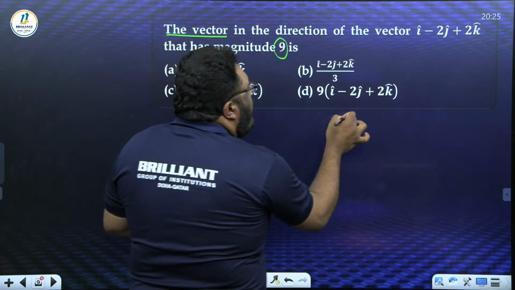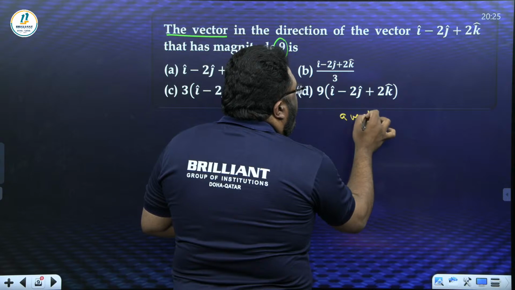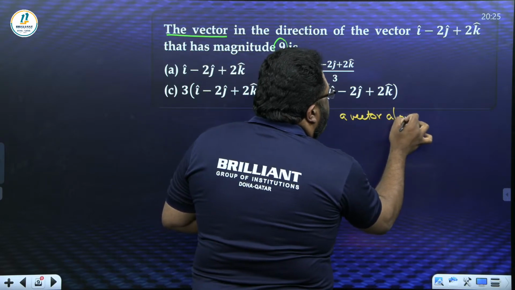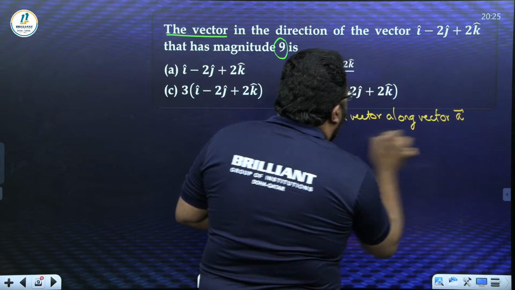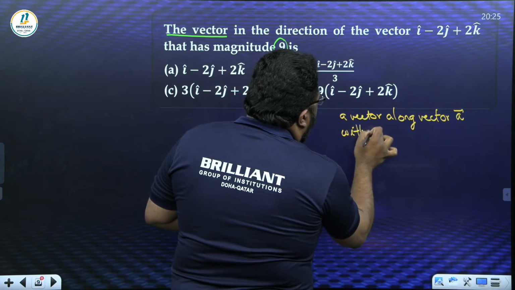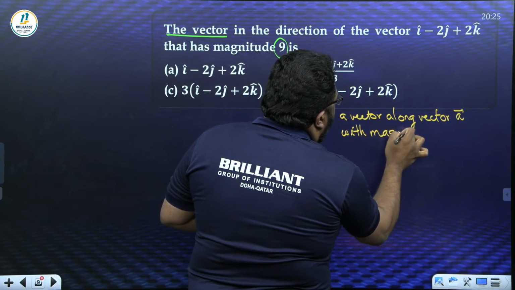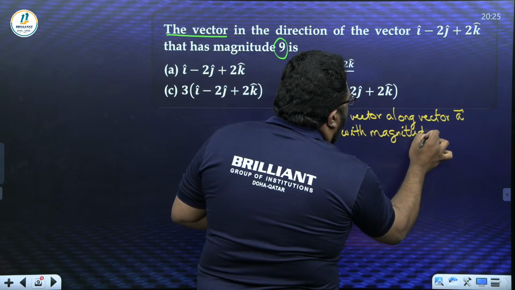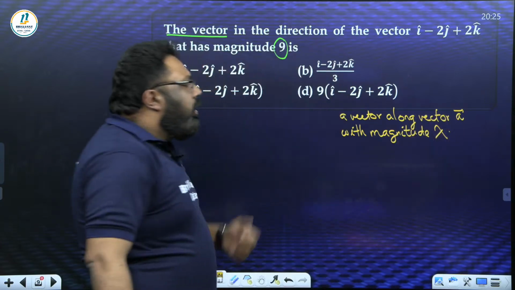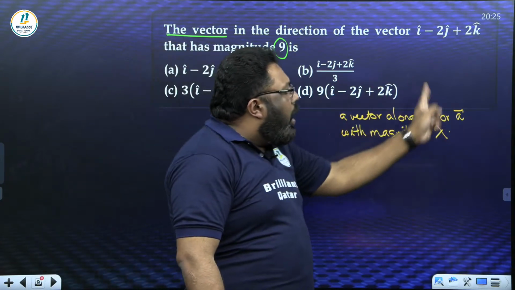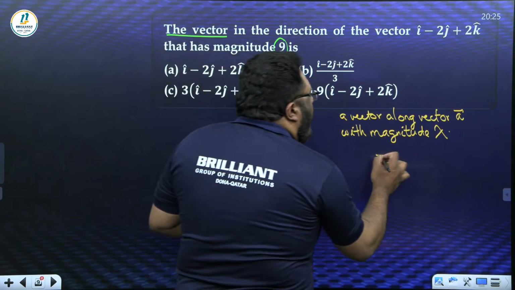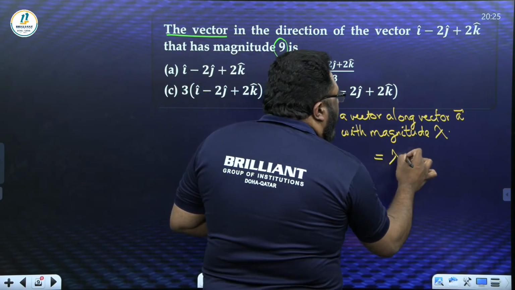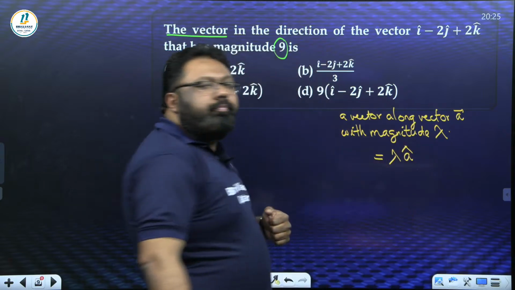Remember, a vector along vector A with magnitude lambda. If you want to find a vector which goes along a vector but with magnitude lambda, you simply calculate lambda times A cap.